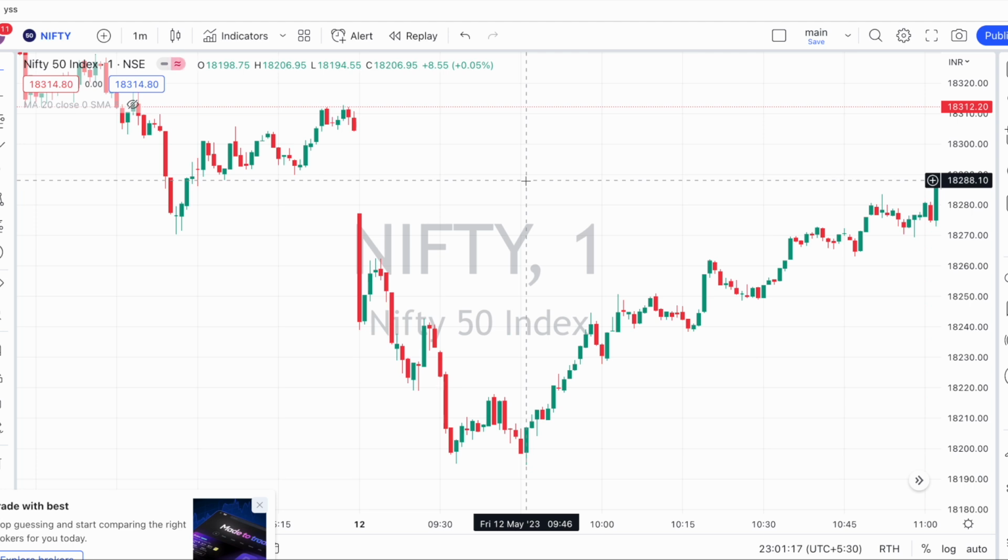Okay, so the first checkpoint is we have to identify a valid edge formation.